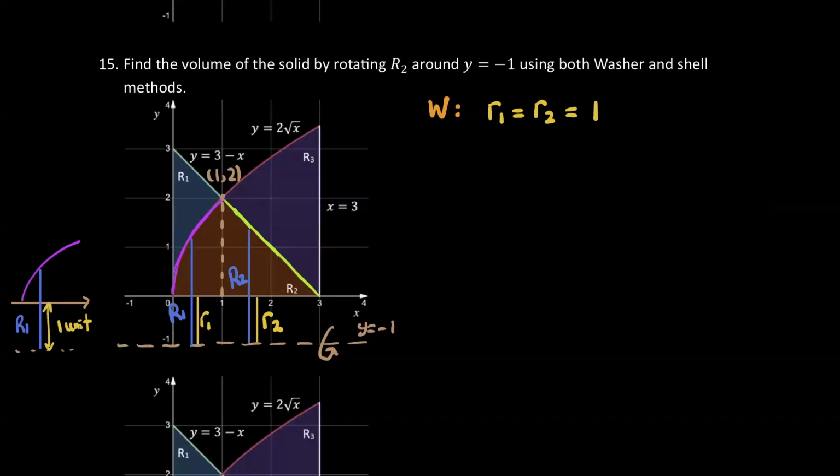It's constant. And this part is really 2 square root of x. So you can see clearly that R1 is 2 square root of x plus 1. Right.